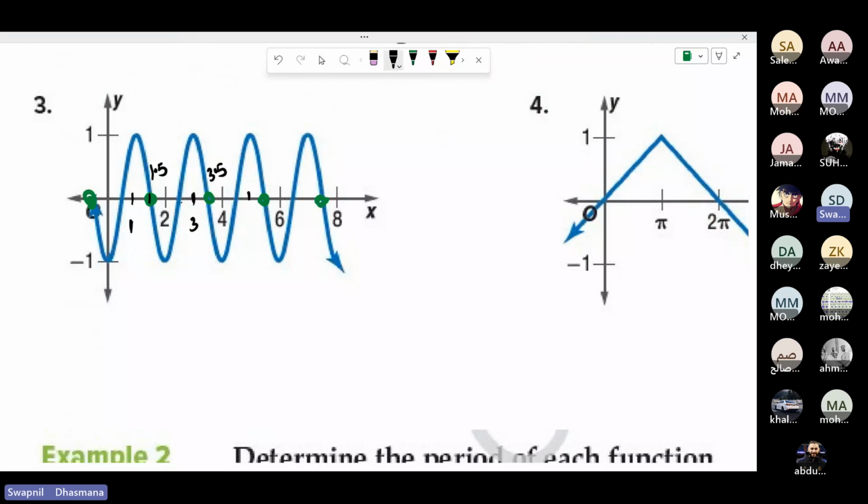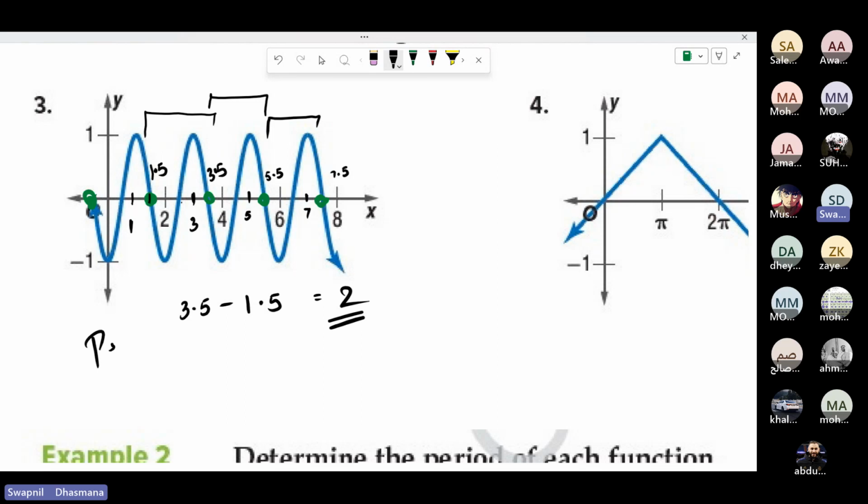This one is 5. This one is 7. So this is 5.5. So the period is from here to here, from here to here, from here to here, which is 7.5. So 3.5 minus 1.5 equals 2. This is the period.